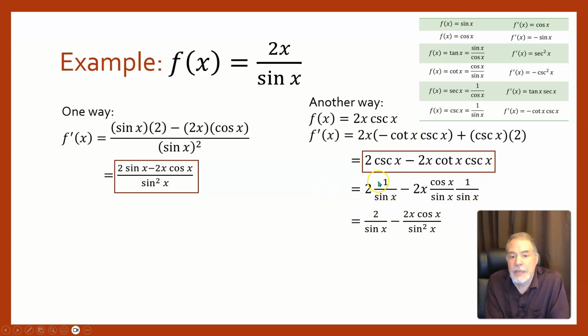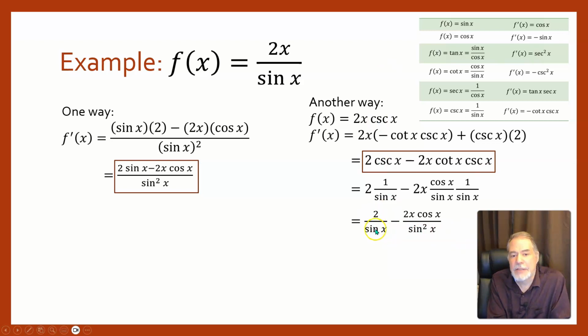So this is a fraction with 2 on top over sine x on the bottom, minus this, if we multiply it all together to make one big fraction, has 2x cosine x on top and sine squared x on the bottom. And if we want to be able to combine these fractions to do the subtraction, they need to have a common denominator.